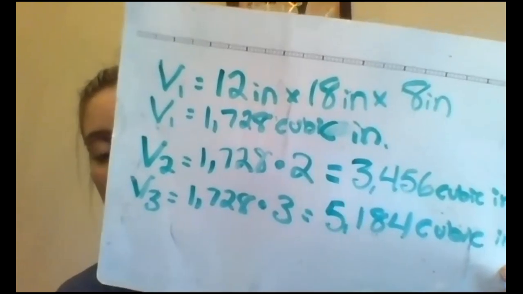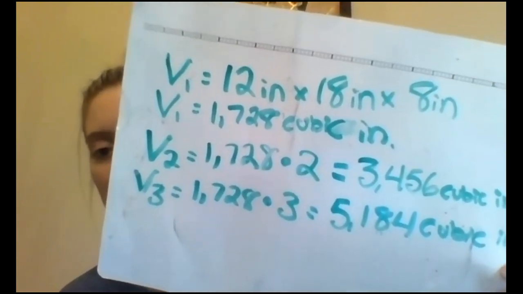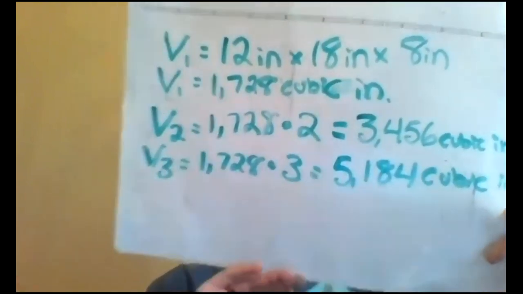Now, just like the 4th step of every other problem, now I just need to add all 3 of those prism values together to get the value of that composite figure. So go ahead and add those. I'll give you a couple of minutes. So my V total is going to equal 1,728 plus 3,456 plus 5,184.